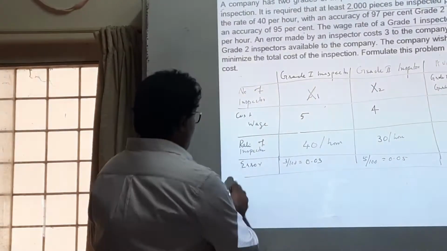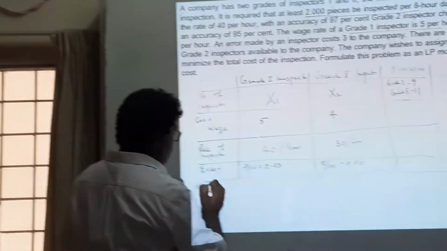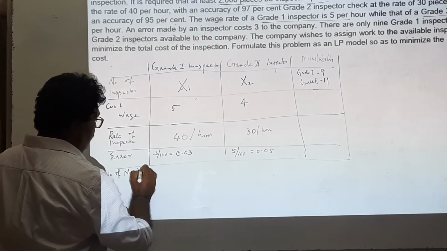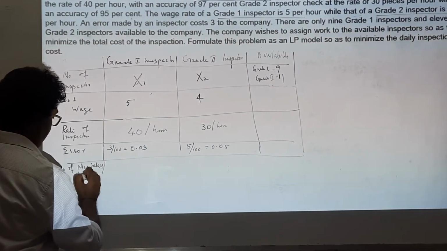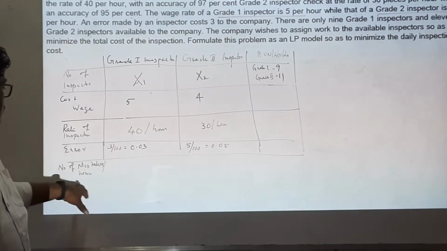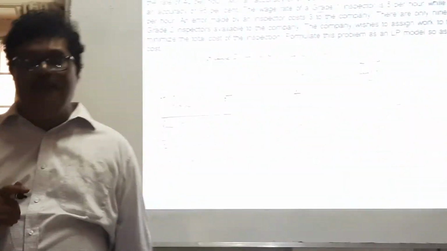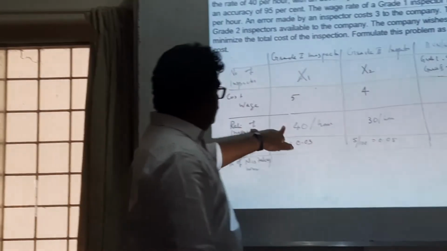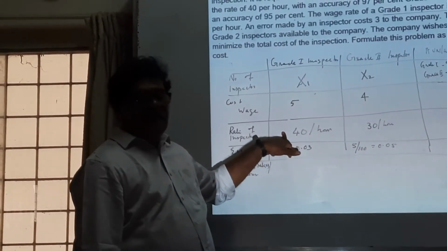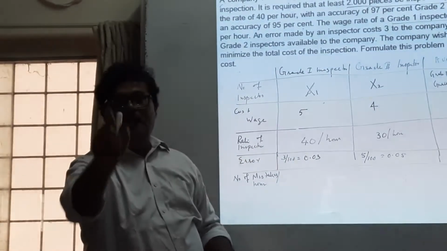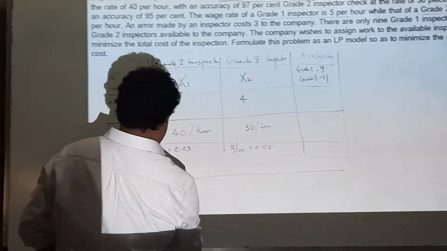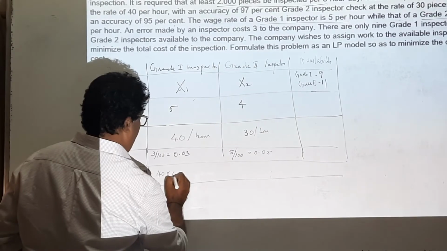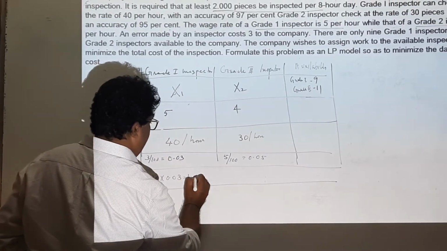So 40 multiplied by 0.03 is equal to 1.2.